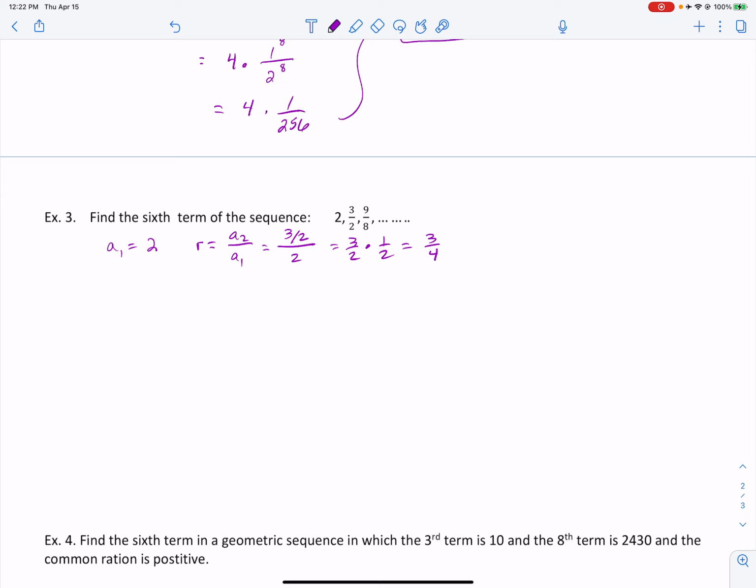Show use of the formula, so start by finding the general rule: a sub n is a sub 1 times r to the n minus 1, so a sub n is 2 times (3/4) to the n minus 1. Again, you cannot simplify the 2 and the 3/4 because you have to take 3/4 to the n minus 1 first. Now we want the 6th term, so that's when n is 6. So a sub 6 is 2 times (3/4) to the 6 minus 1, or to the 5th.